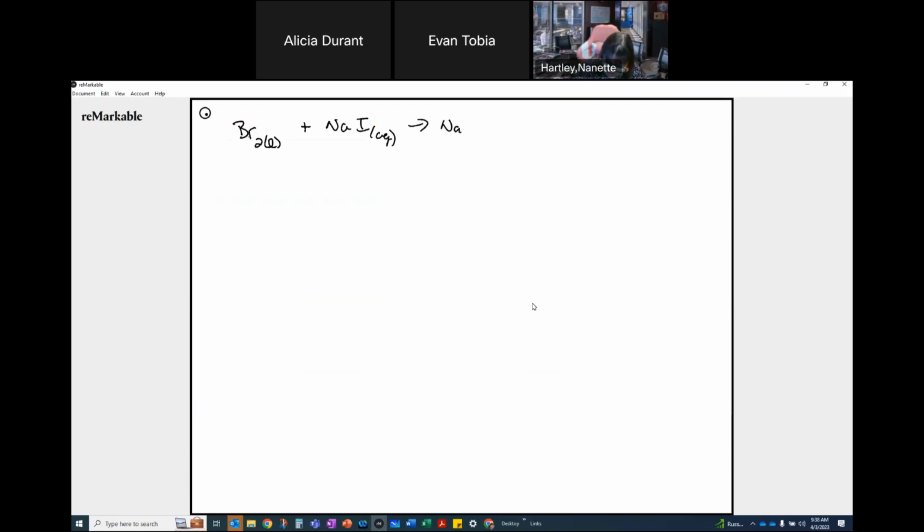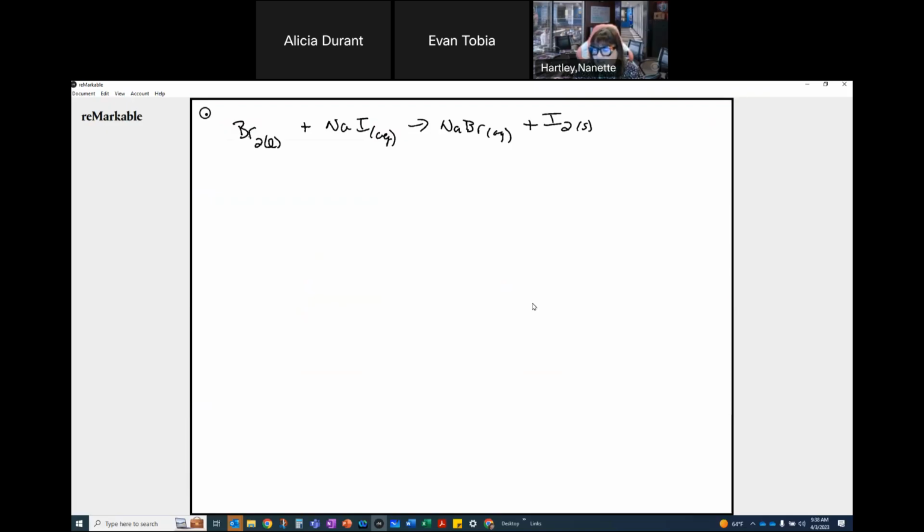That's all right. You can just say the formula. It's okay. And then iodide. Yes. Okay, so it says write the total net ionic equation for each of the following.